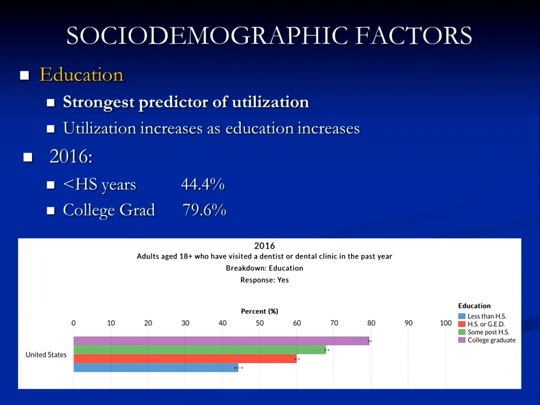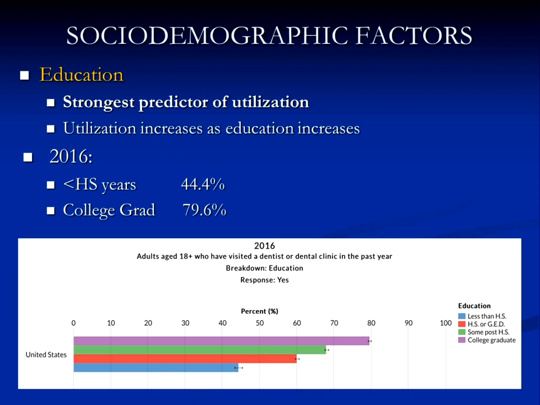In terms of education, education is the strongest predictor of utilization of dental services, hands down. So if you're asked on boards what factor most impacts utilization rates, it's education. If education is not an option in the multiple choice question, the runner-up would be socioeconomic status.